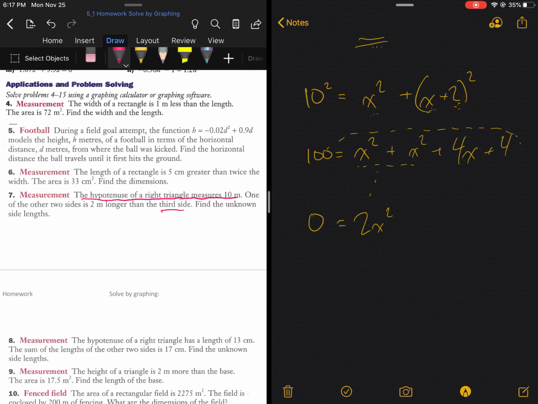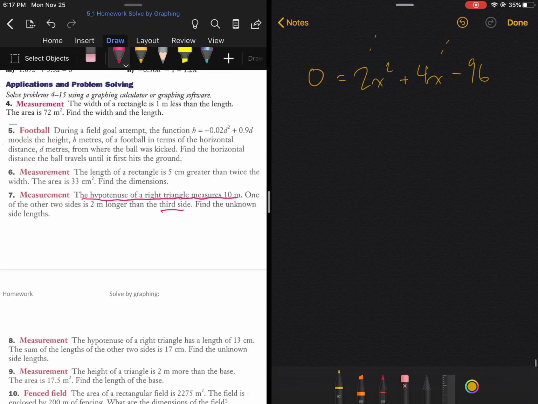By the way, let's move this 100 to that side. So we subtract 100 from this side, plus 4x came from there, plus 4 minus 100 is negative 96. So let's write negative 96. What do we want to do now? Divide everything by 2, right? There's a 2 common here, here, and here.